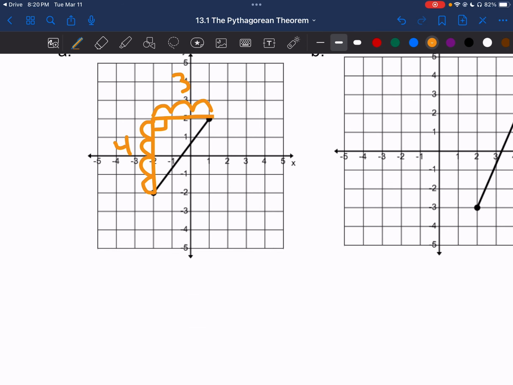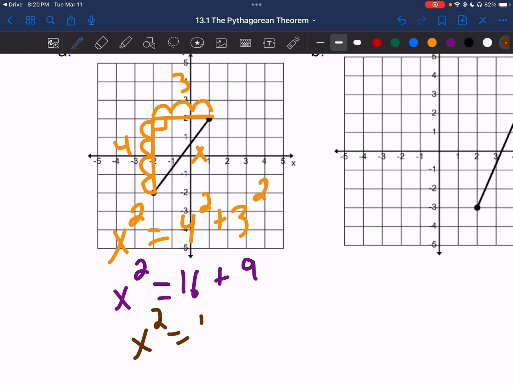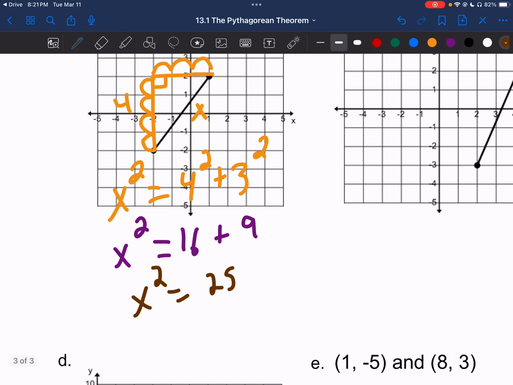So our unknown, our x, so x squared is going to be equal to 4 squared plus 3 squared. Our unknown, our hypotenuse, is equal to 16 plus 9. 16 plus 9 is 25. And when you take the square root of both sides, you get x is equal to 5 units.